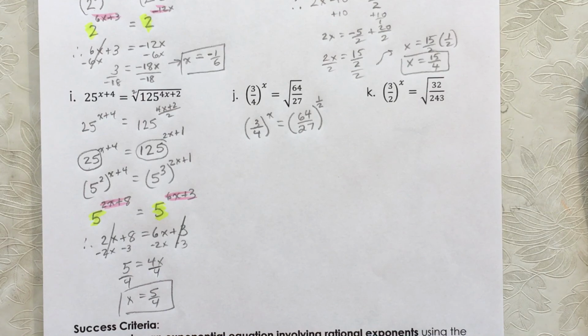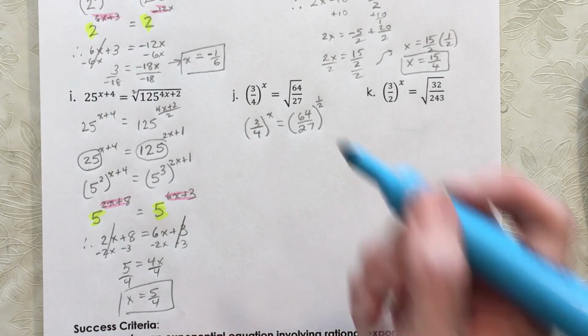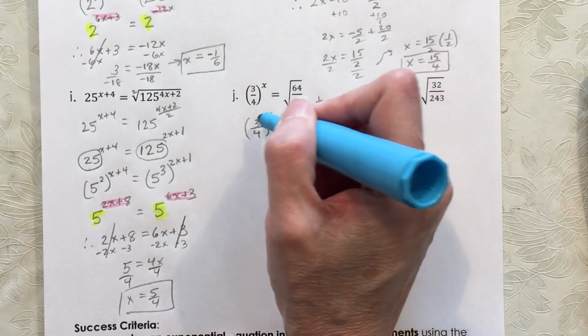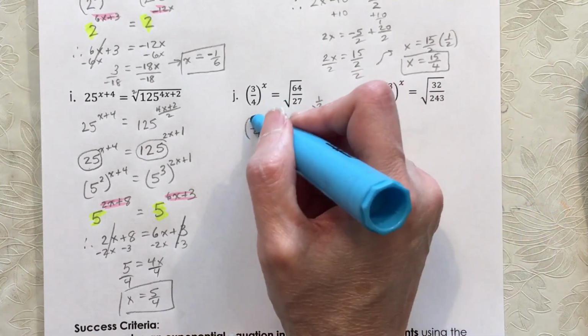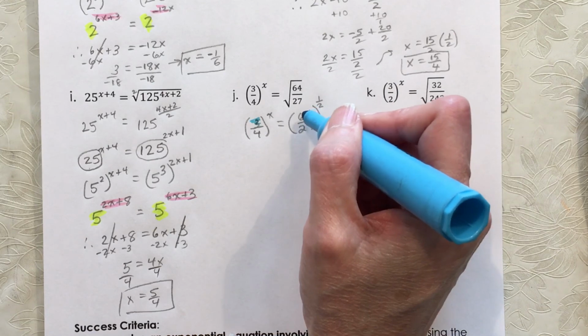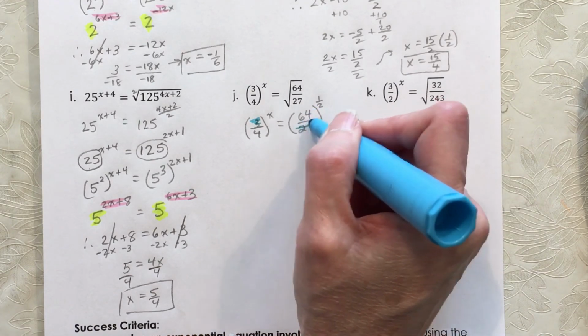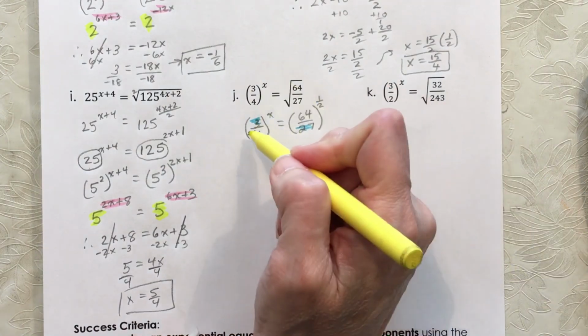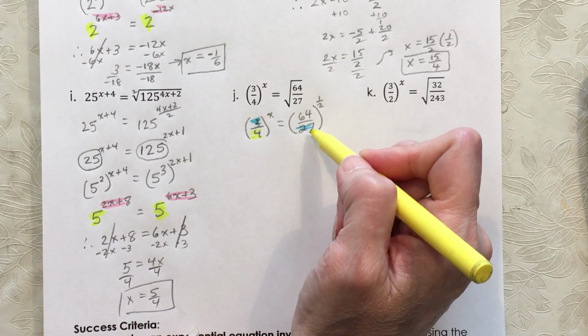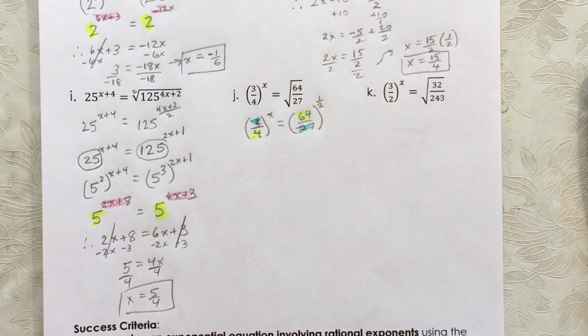Now, if you notice here, right now the numerator 3 in this one doesn't have any powers in common with 64, but it does with 27. And same thing, the denominator 4 doesn't have any powers in common with 27, but it does with 64.